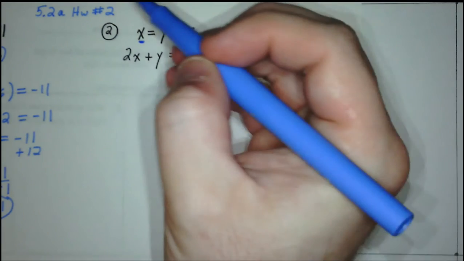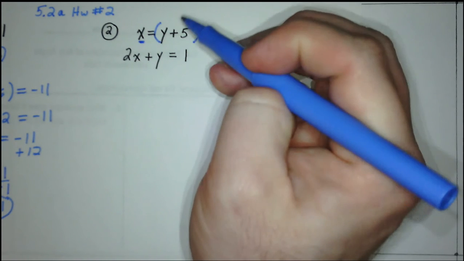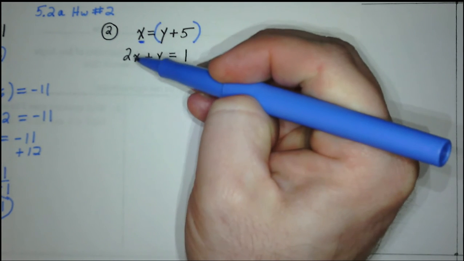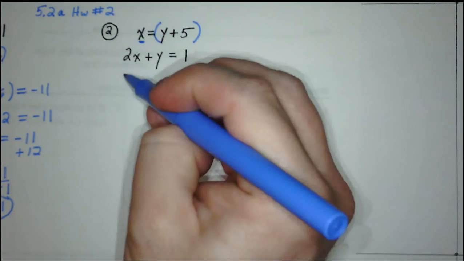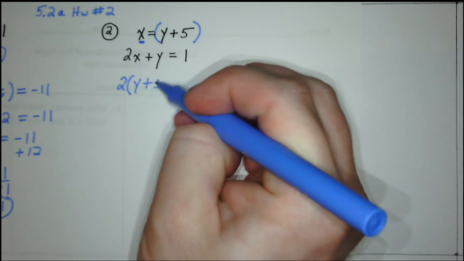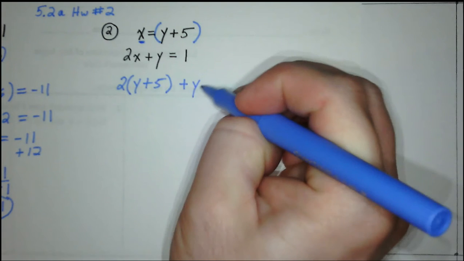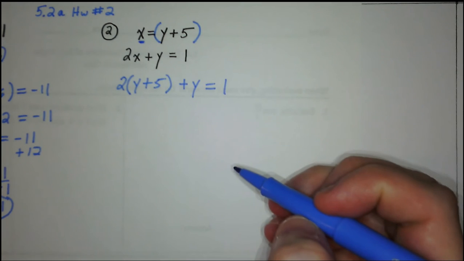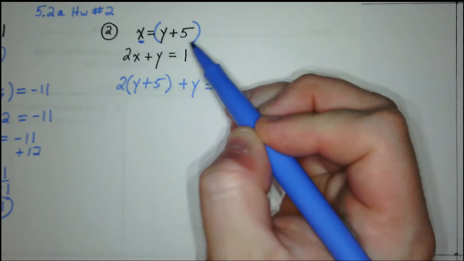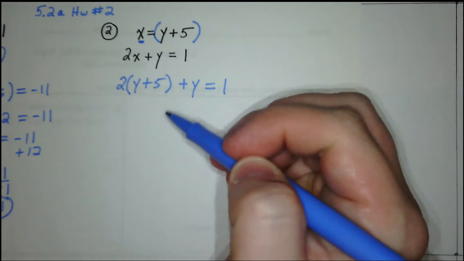So now we know that x equals all of that, and we're going to take that whole quantity and plug it in for x right here and completely replace it. 2 times y plus 5, and then continue on, plus y equals 1. See the substitution? We replaced the x with what it literally equals, y plus 5.